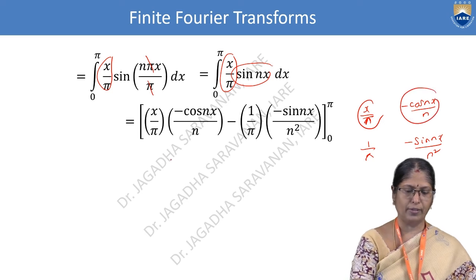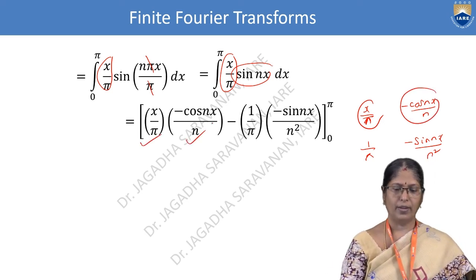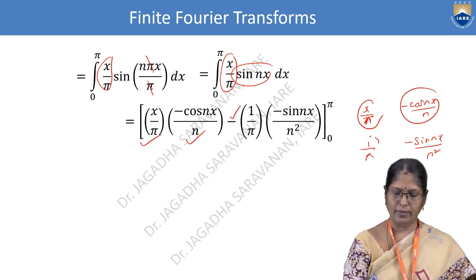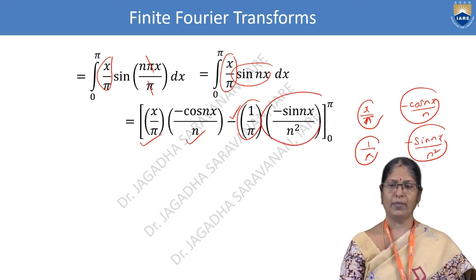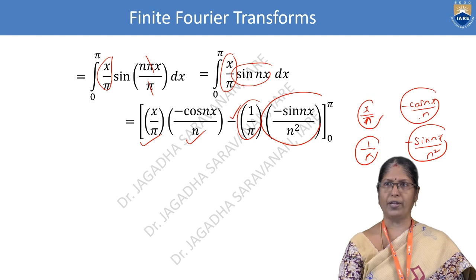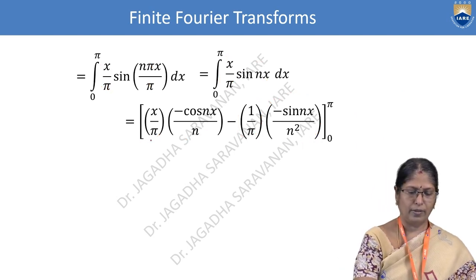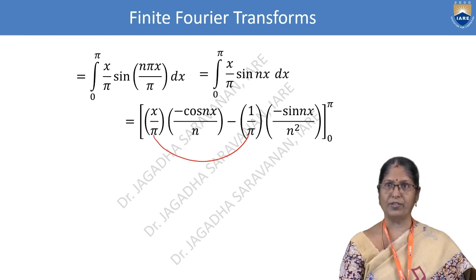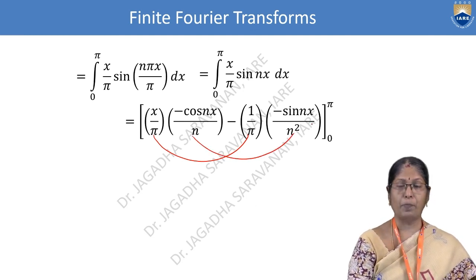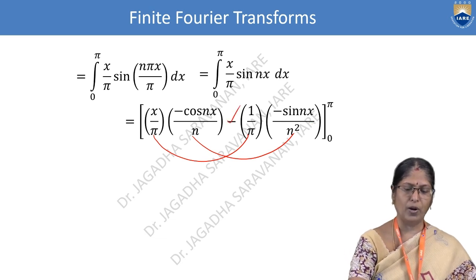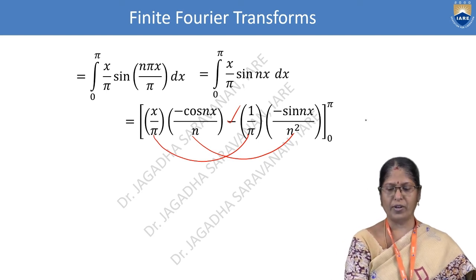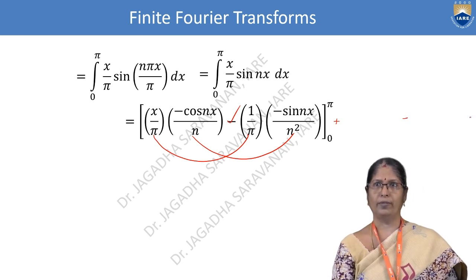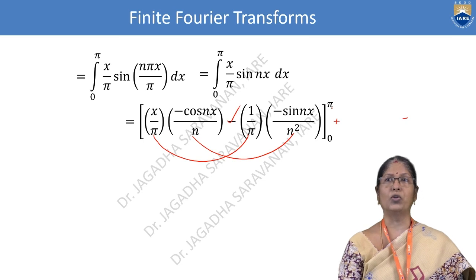This into this, that's what is written here. This is the formula. This way, if it is possible, we can do it. Otherwise, for the algebraic term keep on differentiating, for the trigonometric term keep on integrating. The middle one is alternate signs. Alternate signs in the sense that as we extend the integration, next plus will come, next minus, and it goes on. The limit is 0 to pi.